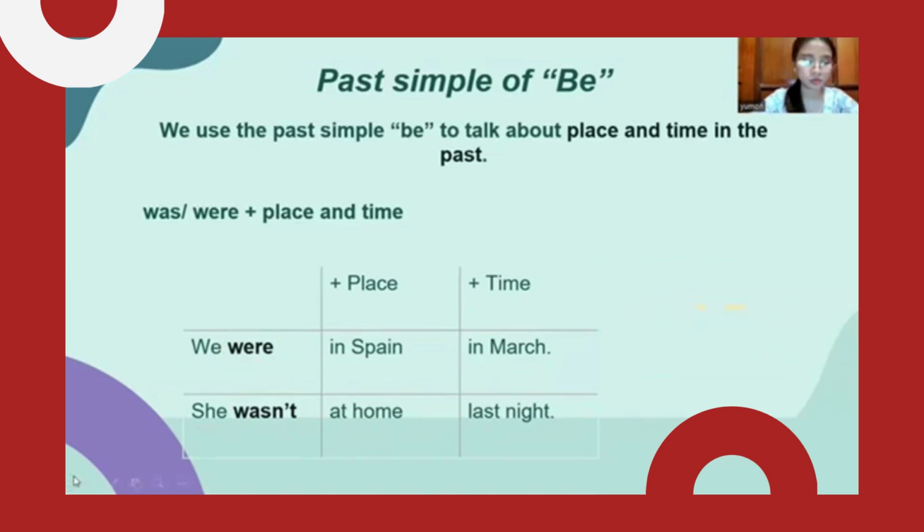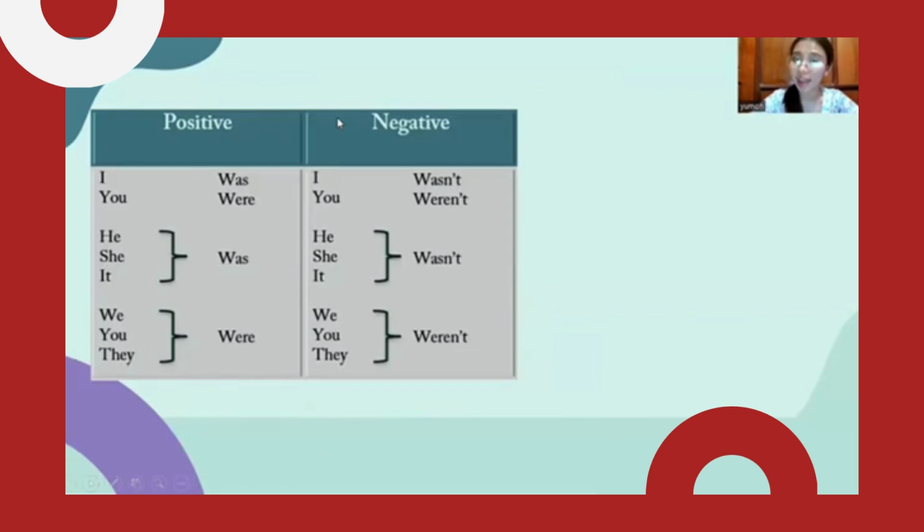Very good. Now, let's check out the usage of was and were with different nouns. We have singular nouns and plural nouns, right? If the subject is I, it is singular, so we use was. If the subject is you, we use were.